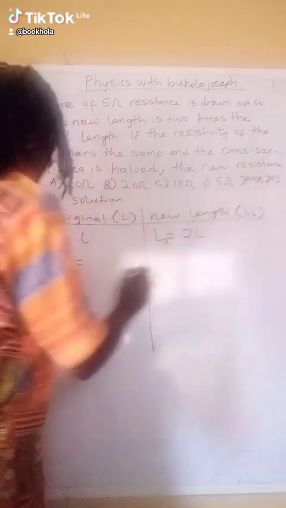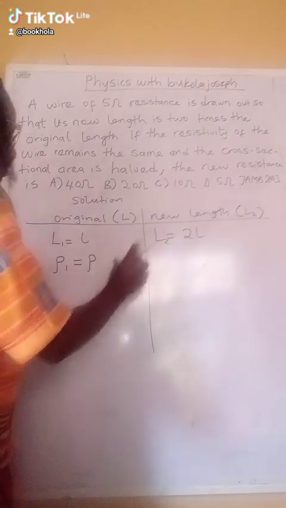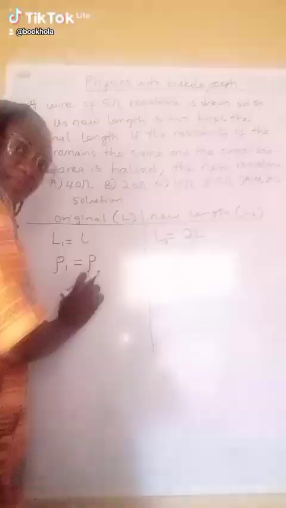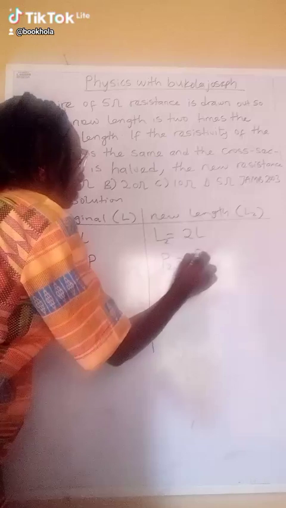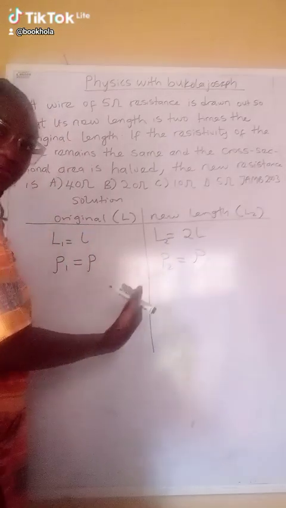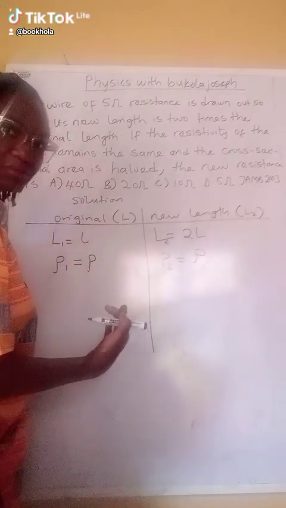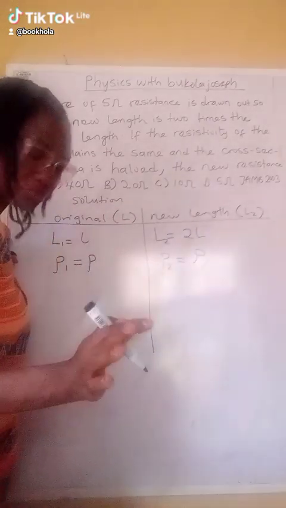If the resistivity is simply rho, then the new resistivity is also simply rho, because they are the same. So it will be rho, rho, without a subscript.